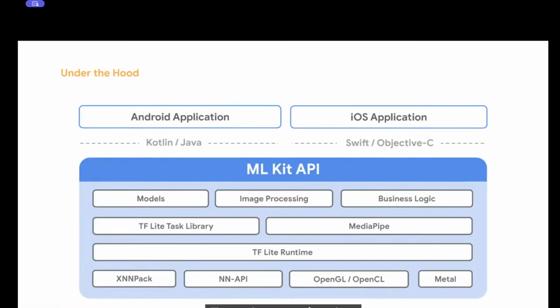Each API is naturally different, but they share a common infrastructure that provides stability and optimal performance. The MLKit SDK manages all the complexity of multiple models, image processing, TensorFlow Lite runtime, hardware acceleration, and much more, delivering a complete and easy-to-use solution.